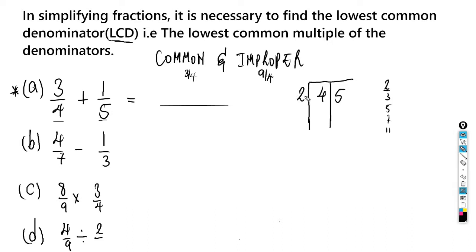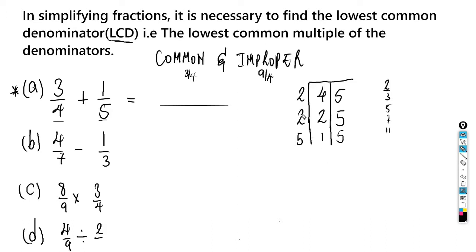2 divided into 4 would give you 2. 2 can't go into 5, so that just leaves 5. 2 goes into 2 again would give us 1, and then 5. Then can 2 go into 1 or 5? No. Can 3 go into 1 or 5? No. Can 5 go into 1 and 5? Yes, it can. Cool. All right.